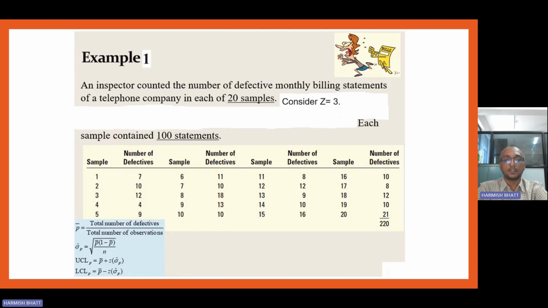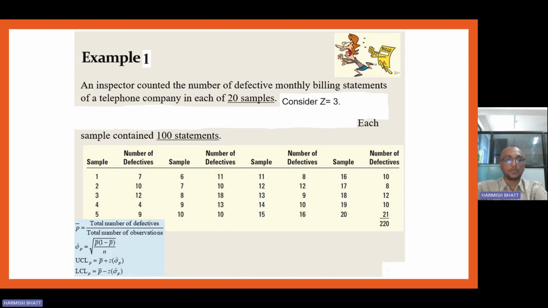Likewise, in sample number 14, the number of defectives has been identified as 10. Starting from sample number 1 to sample number 20, the total number of defectives is 220, and the total number of bills or statements considered is 20 into 100, so 2000.